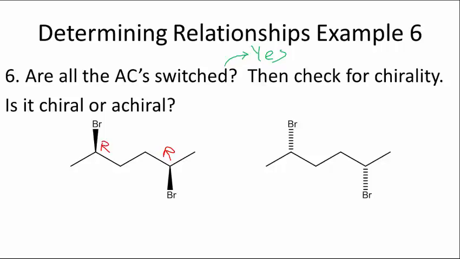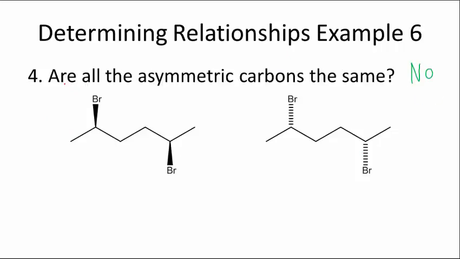Whereas this one over here, 1, 2, 3, this is S, and 1, 2, 3, this is S. Aha! One of them has RR configuration, one of them has SS configuration. So are these molecules chiral, or are they the same molecule? One of them has two right hands, and one of them has two left hands. Can they be the same? No. So these are chiral, and they are enantiomers.